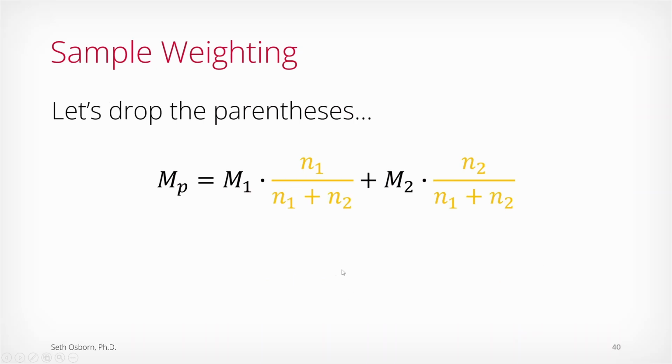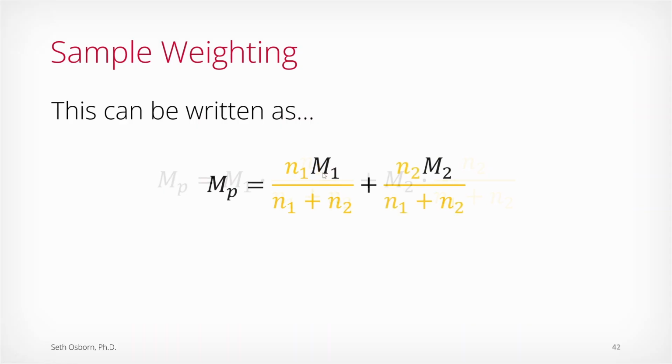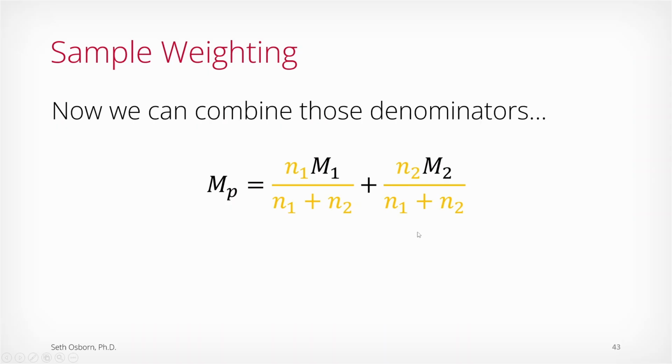So let's drop those parentheses and notice that we can rewrite this. If you're multiplying a mean times a sample size, and that mean times that sample size, we could just put that all on the numerator like this. Now, when you look at this, maybe you say, oh, look at that. We can combine those 2 denominators because they're the same thing. Okay, so this becomes this.